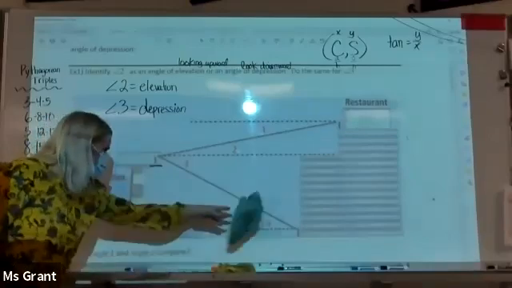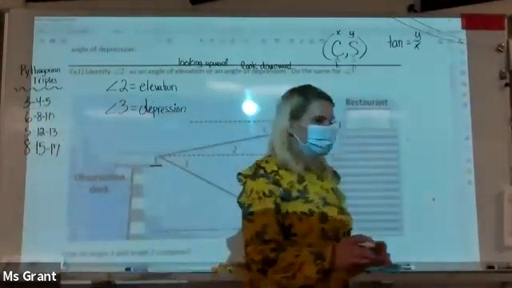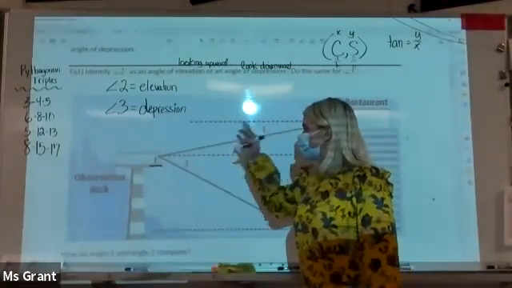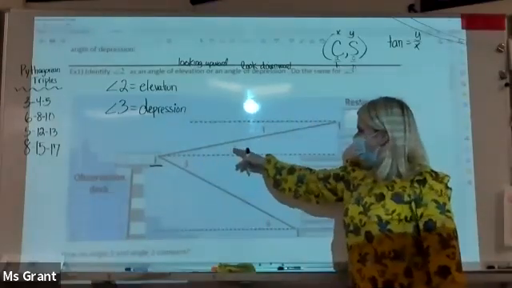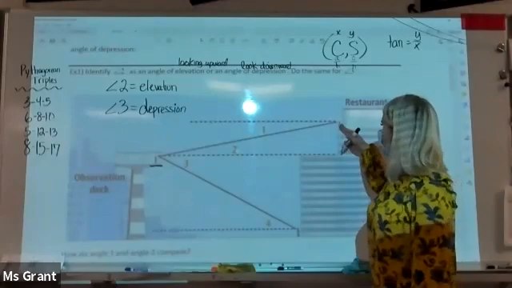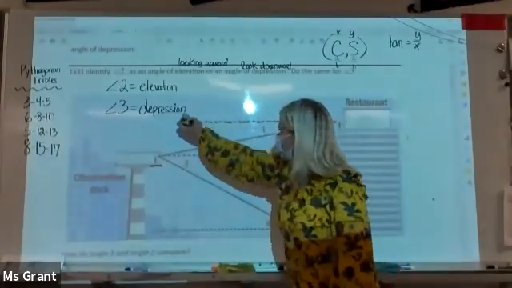Then it says how do angle 1 and angle 2 compare? Well, if I'm at the observation deck, angle 2 is obviously what I'm looking at for the restaurant. But this person on the restaurant could easily say my line of sight is straight ahead.